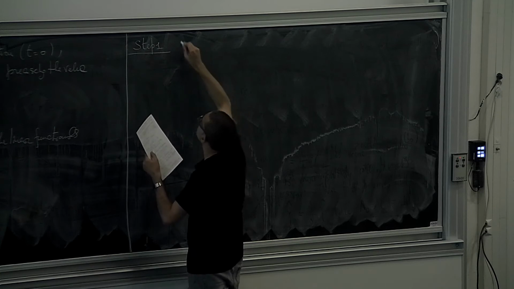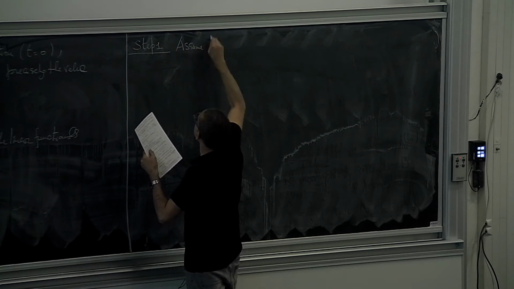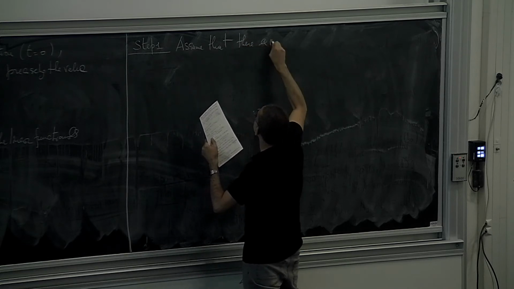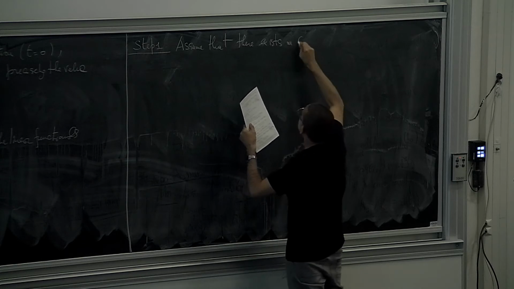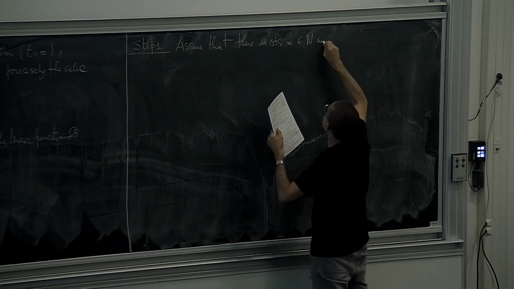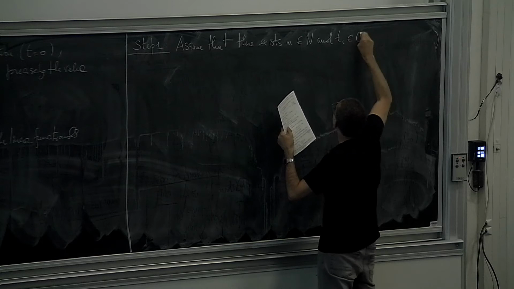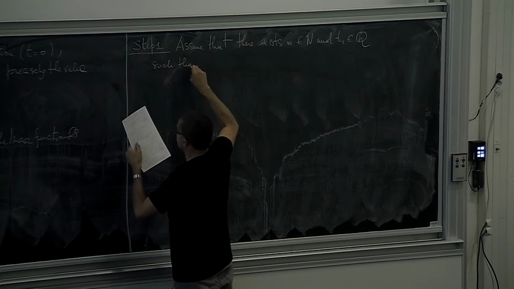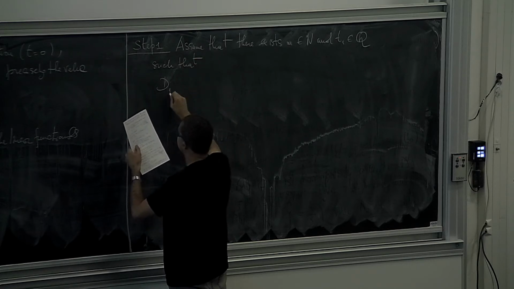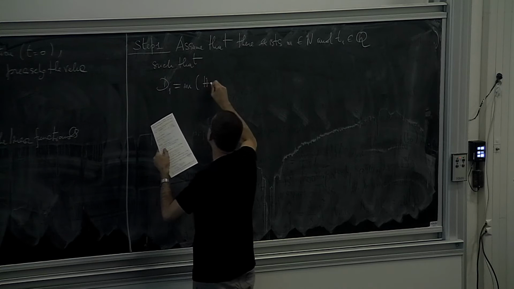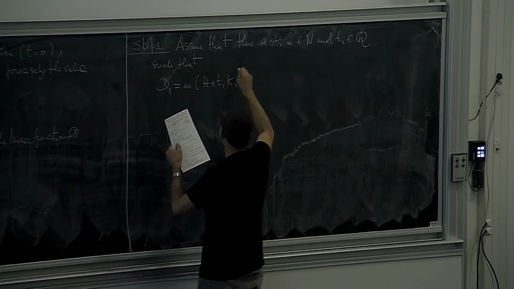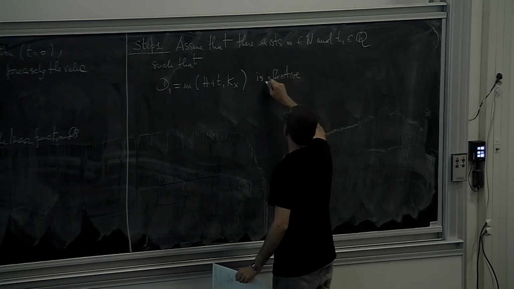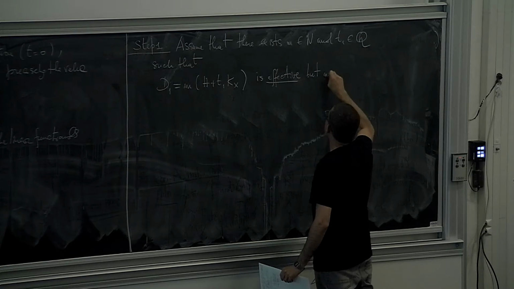Assume that there exists m in N and T1 a rational number such that this D1 = mH + T1 KX is effective but not nef.